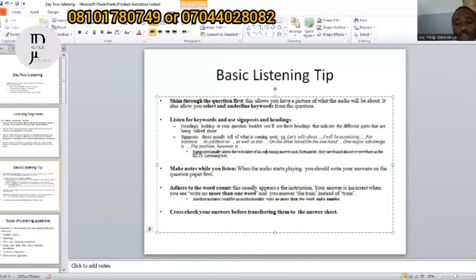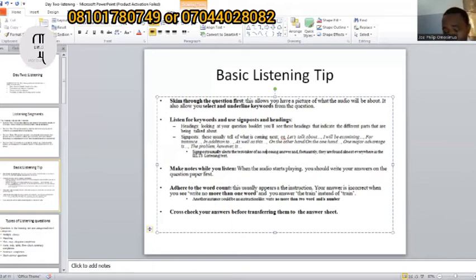Another thing is to make notes while you listen. When the audio starts playing, write down your answers. That is what we mean by make notes. Remember that you have already selected your keywords.